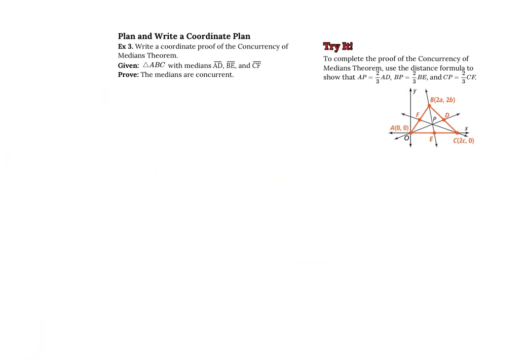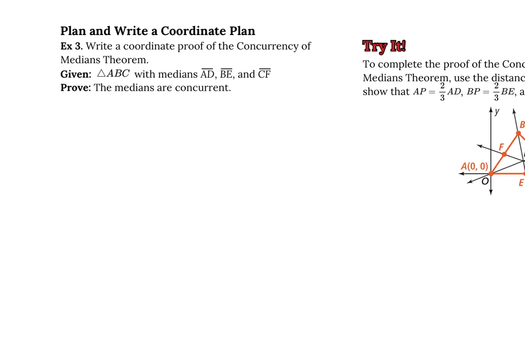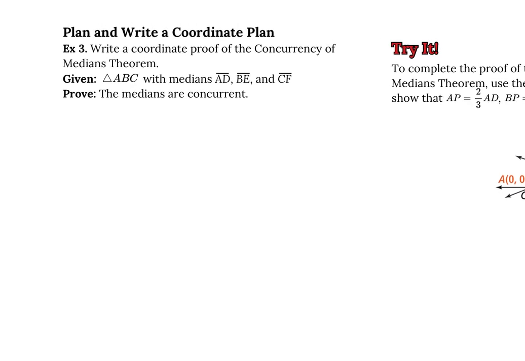All right, example 3, we want to write a coordinate proof of the concurrency of medians theorem. And we are given that triangle ABC has medians AD, BE, and CF. We need to prove that the medians are concurrent. Okay, so the first thing we want to do is sketch this out. And we're creating a triangle.